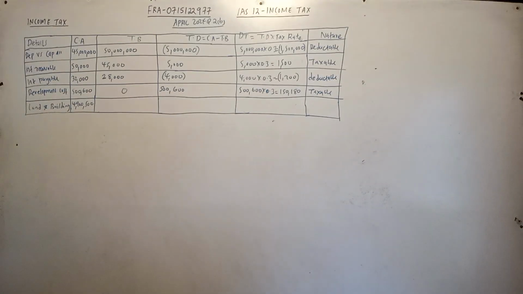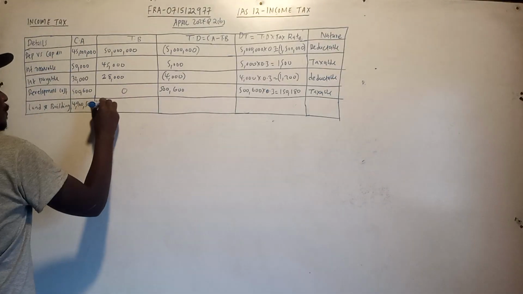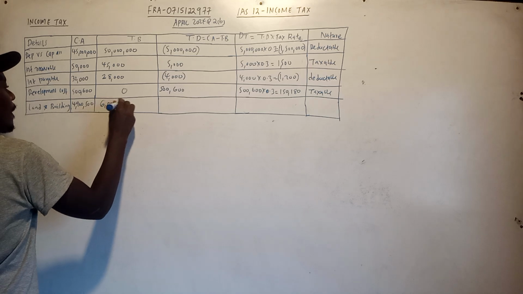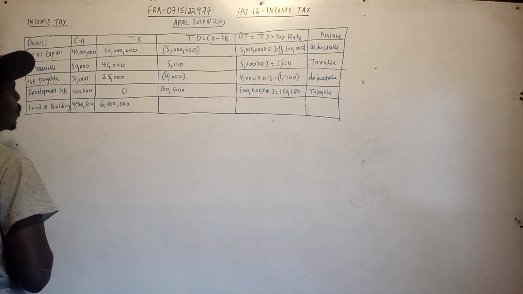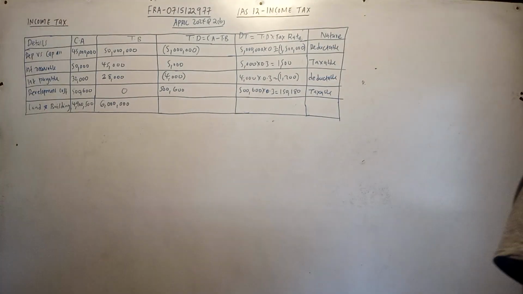Then it was revalued to which figure? Let us see. Then it was revalued to 6 million. I think 6 million will be our tax base. It was revalued to 6 million. Then the difference will be our temporary difference.